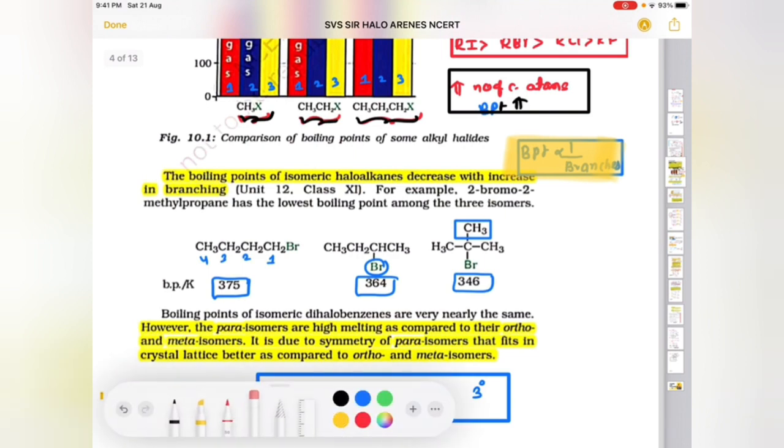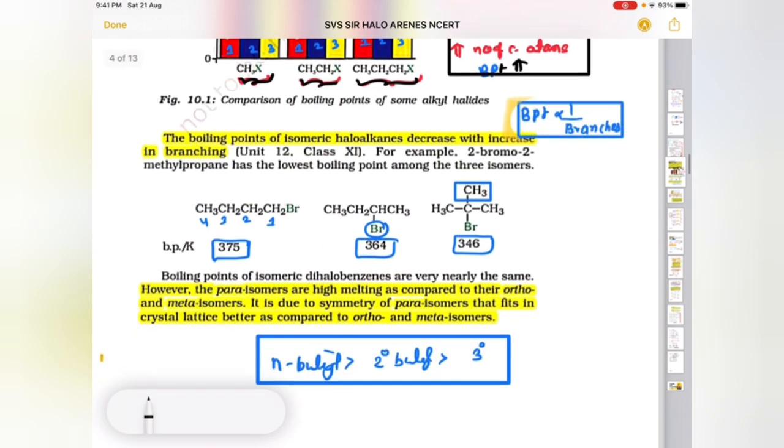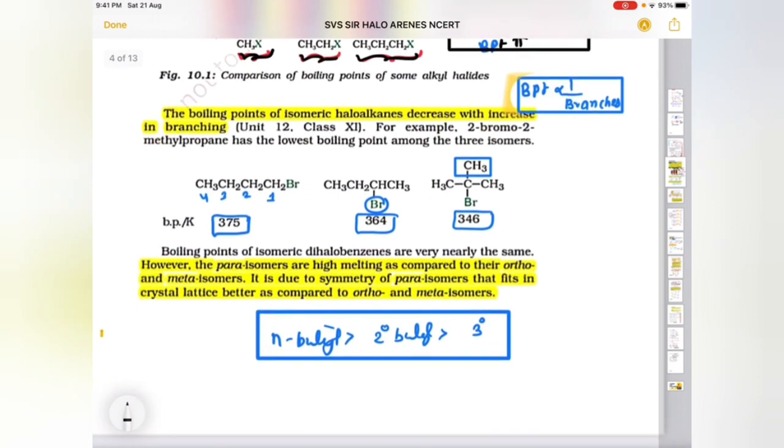You can check the example given: n-butyl bromide, secondary butyl bromide, tertiary butyl bromide. n-butyl bromide will be 375, secondary will be 364, and tertiary will be 346. So simply I can say boiling point is inversely proportional to branches.